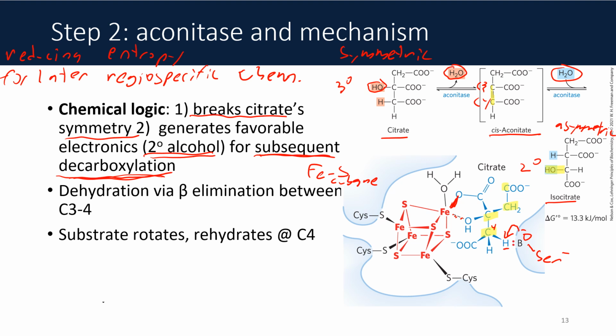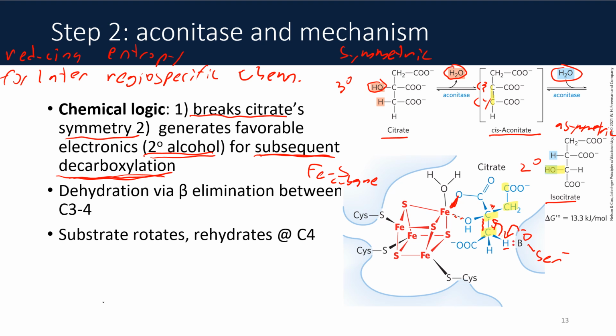Our deprotonated serine is going to do general base catalysis. It's going to attack that hydride, and that's going to cause those electrons to move over there and form a double bond between C4 and C3. And oh look, we just created a double bond. That means something needs to go on C3. Otherwise, it's going to have 5 bonds to it.